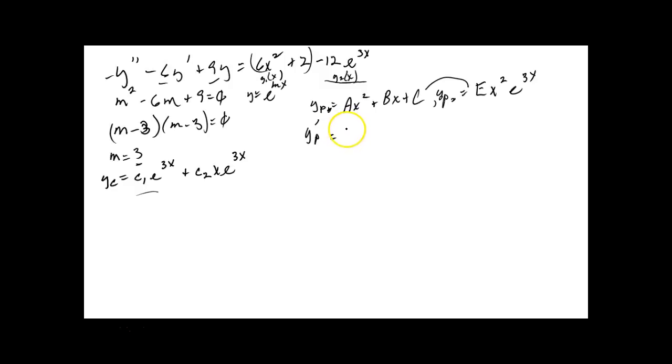Help me, help me. 2ax plus b plus 2ex e to the 3x plus 6ex squared e to the 3x. Okay?